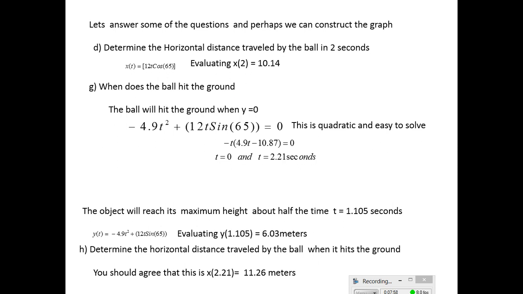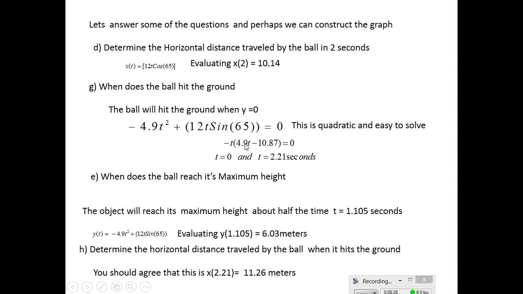When does the ball hit the ground? Well, the ball will hit the ground, obviously, when the y value is 0. When the y component is 0, it has either not yet left the ground, or it is back on the ground. So we have our y component of the projectile motion as defined here, and that's quadratic, as you can see, and we're going to solve that for t.